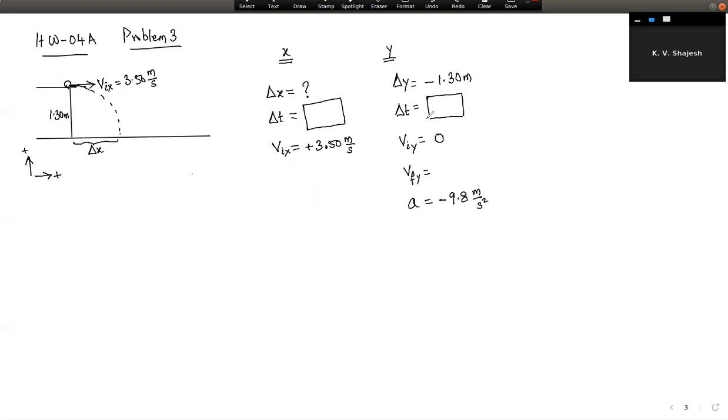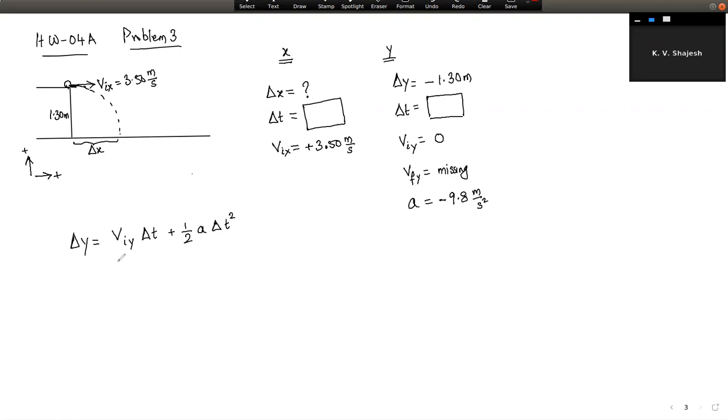To calculate delta t in the y direction, we need an equation that does not have v final, because that's what is missing. So we look for the kinematic equation that does not have the final velocity, and that comes out to be delta y equals v initial y times delta t plus half times acceleration times delta t squared.